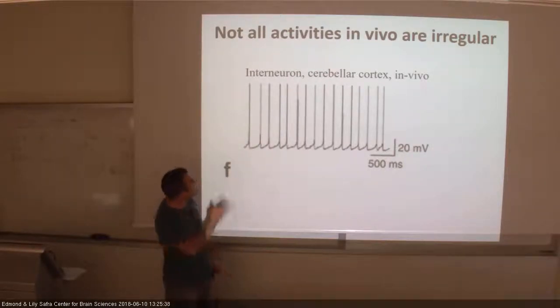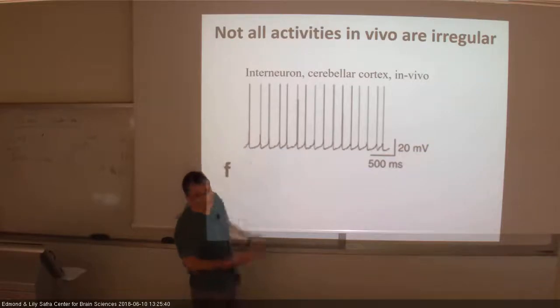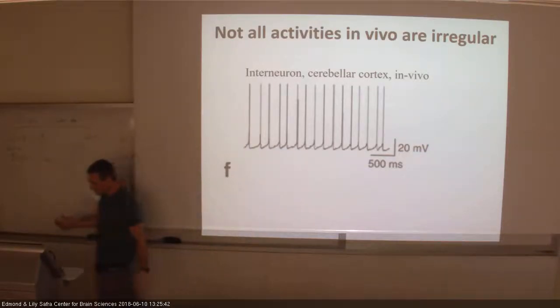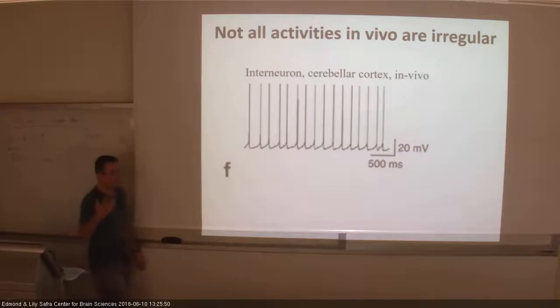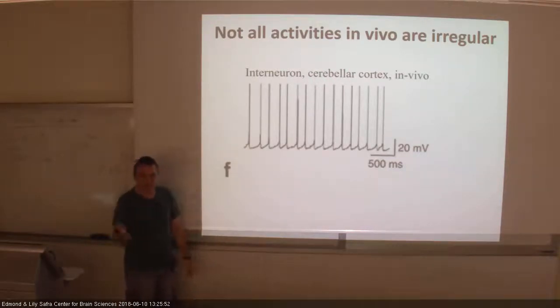I know people don't care about the cerebellum, but nevertheless, it's not necessary that a neuron will be stochastic. If you look at the synapses, if you look at the channels of this neuron, there's nothing that's obviously different from cortical neurons. Again, it could be that some details were missing, but there's nothing here.